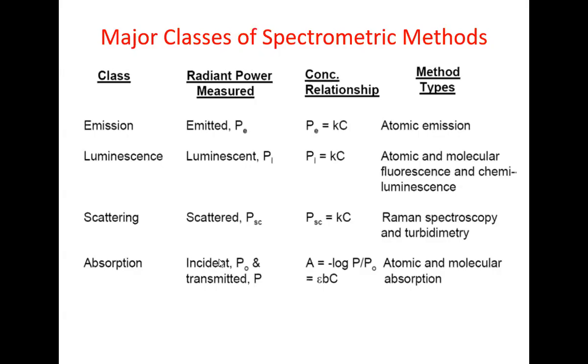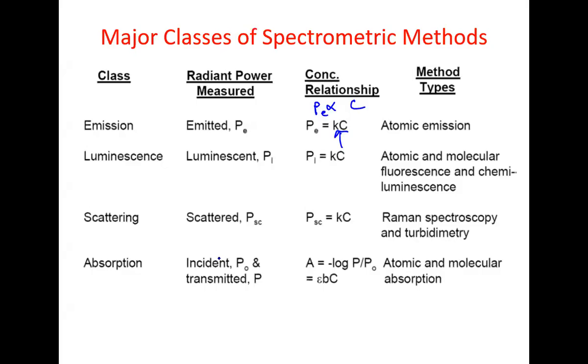The emitted radiant power is proportional to the concentration, and the proportionality constant is K. So the emitted power is equal to K times C. That's for atomic emission.